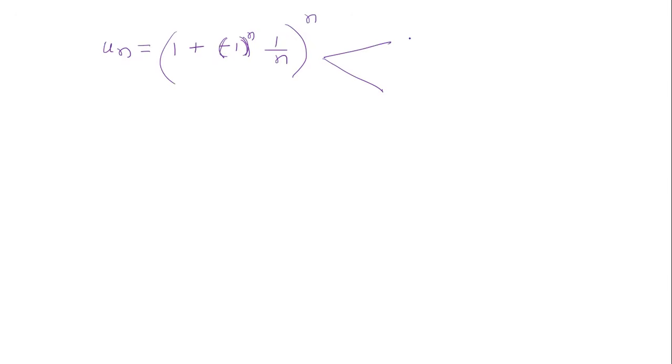If n is odd, then (1 minus 1 by n) whole raised to n. If n is even, (1 plus 1 by n) whole raised to n.